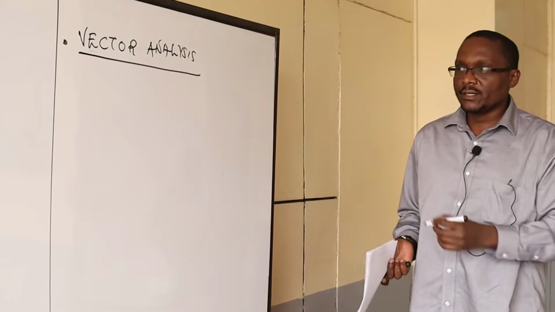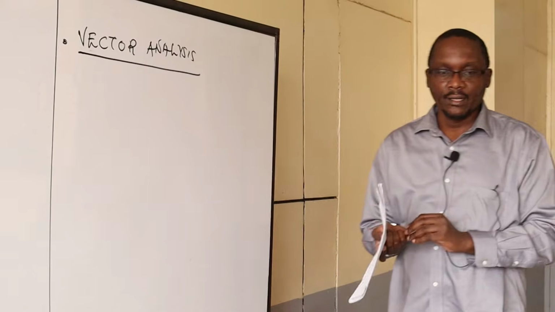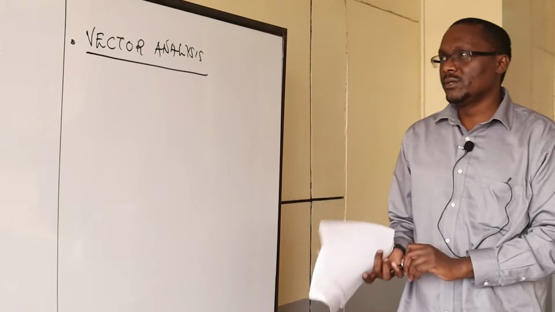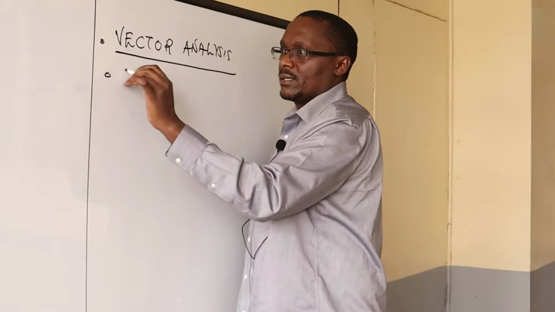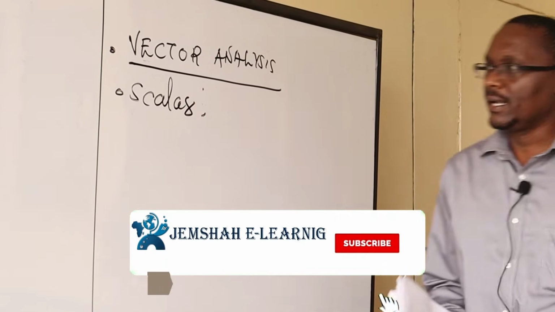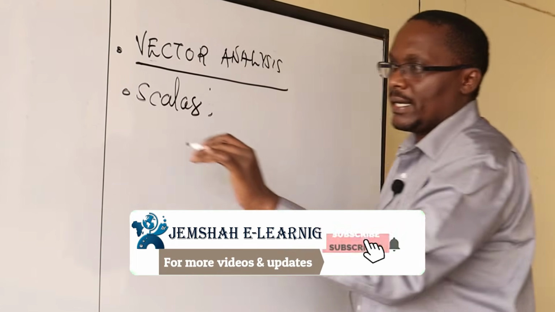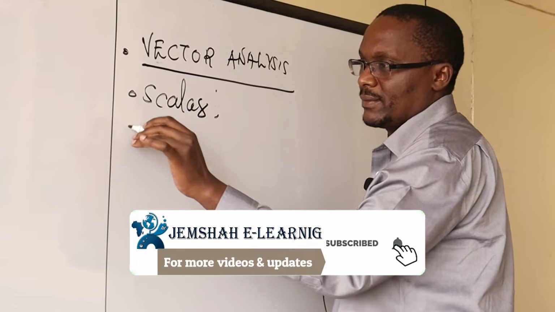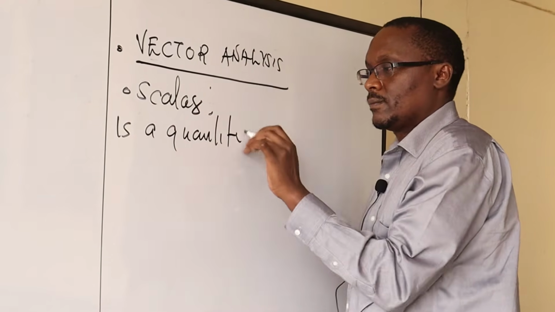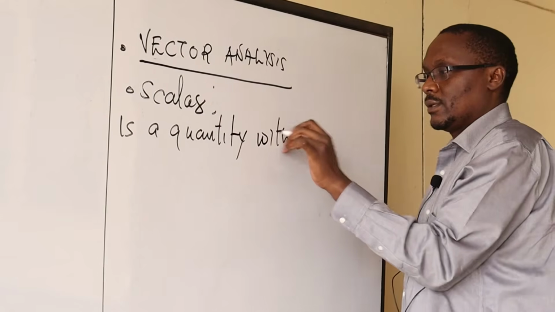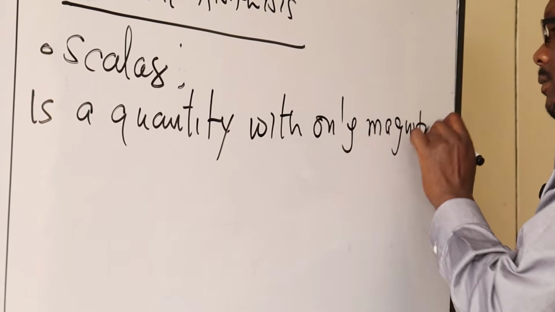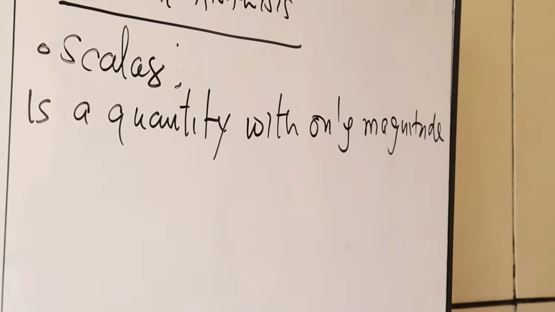So we are going to look at some few terms related to vector field analysis, and these terms are very simple. We know what is a scalar. We can define a scalar as a quantity with only magnitude. That is a scalar quantity.